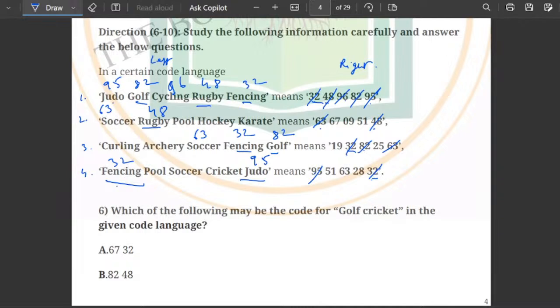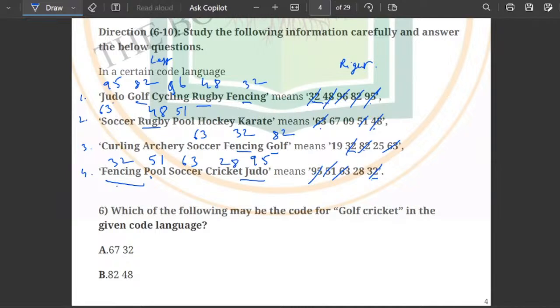Do we have anything else? Yes, pool is there; hockey and karate are not. Pool is common in second and fourth. In second and fourth, 51 is common. So 51 goes for pool. Soccer was done, right? 63. So what is left? 28. 28 will be cricket.